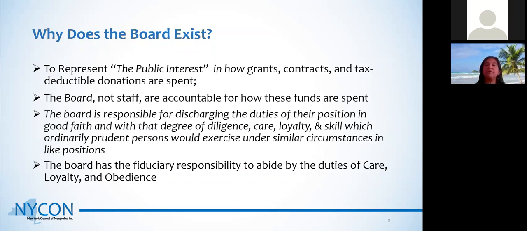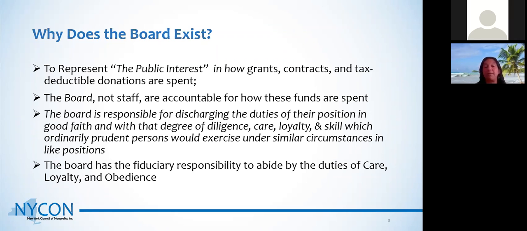And it's important to remember that it's the board, not the staff, who are accountable for how the funds are spent, for ensuring that the organization is compliant legally with the terms of it being a nonprofit, a charitable organization, with New York State regulations for your charter, with the Attorney General's office.